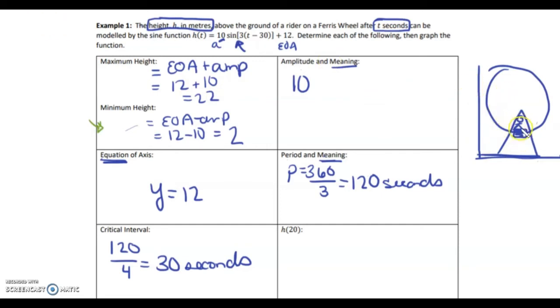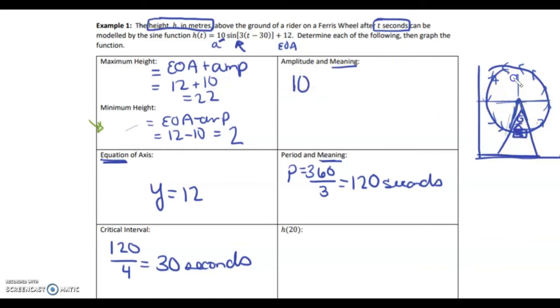And then this rider is going to go around the Ferris wheel like this and come back to the start. And that's why it's periodic. And it's going to go at the same speed the entire way around. So when we're talking about the amplitude, we're talking about this middle point where the actual axis of the Ferris wheel is.